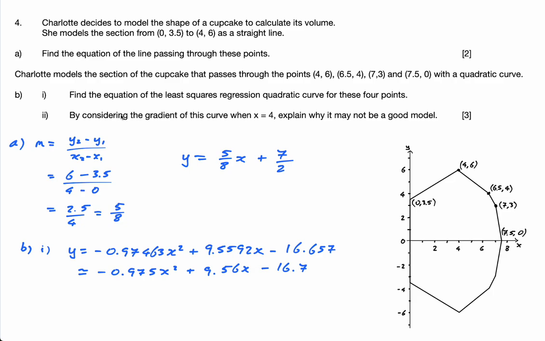So I think this is only worth 1 mark. So all you have to say is that the gradient at x equals 4, the gradient of the curve is positive.